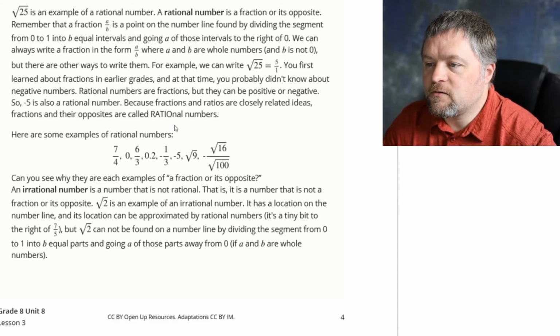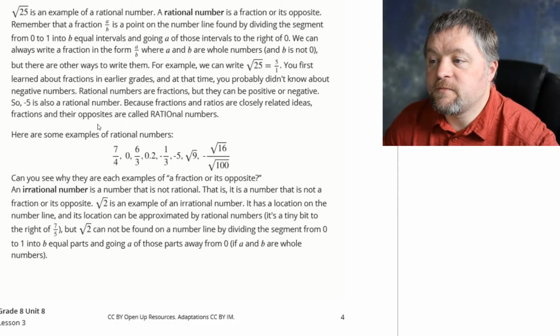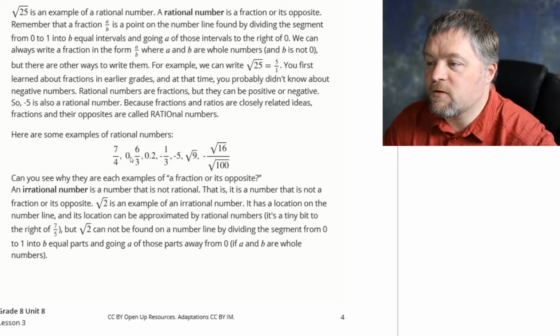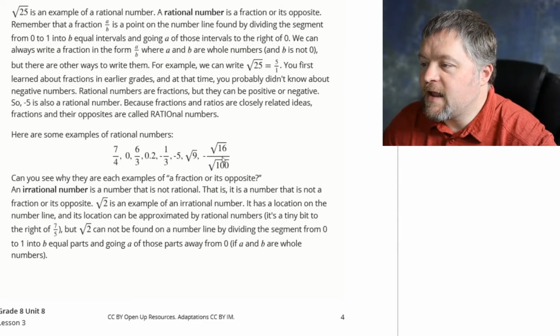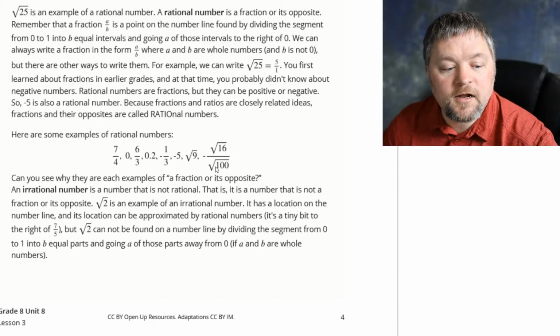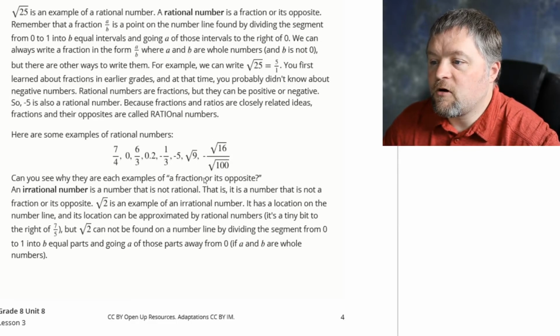Here are some examples of rational numbers: 7/4, 0, 6/3, 2/10, -1/3, -5, the square root of 9, negative the square root of 16 over the square root of 100. Those are all rational numbers.